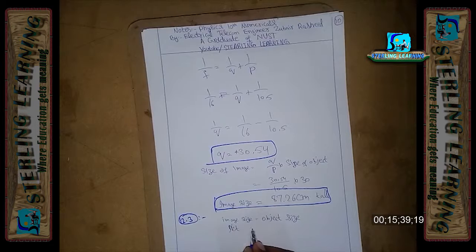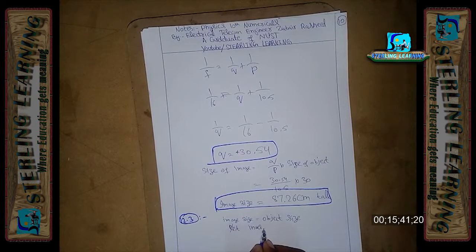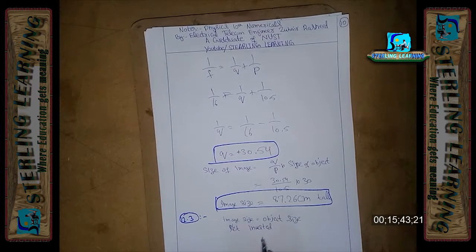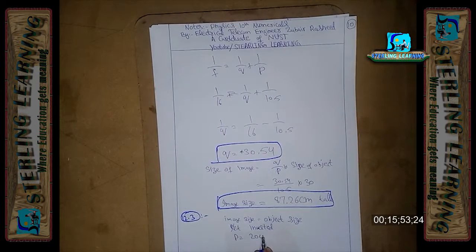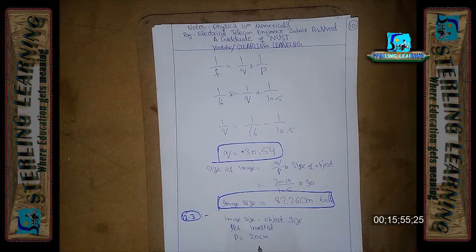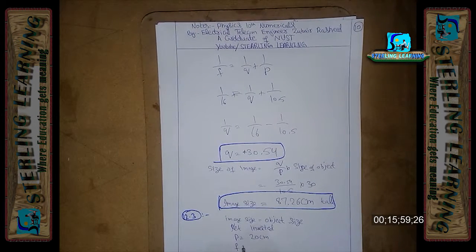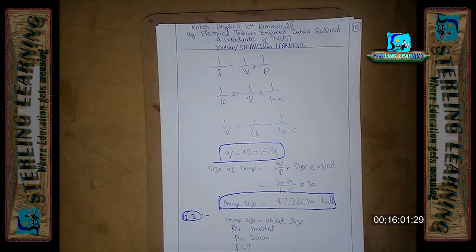The image is inverted when the object is 20 centimeter from the mirror. P is 20 centimeter. What is the focal length of the mirror? F is to be calculated.